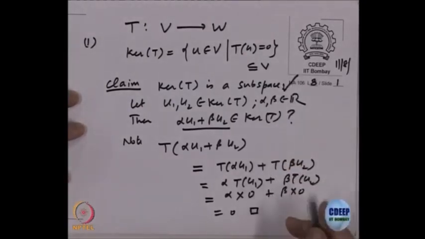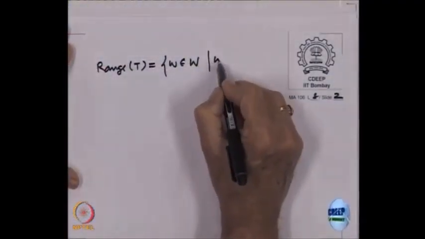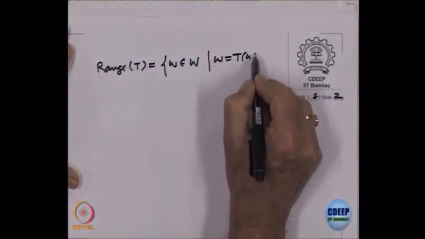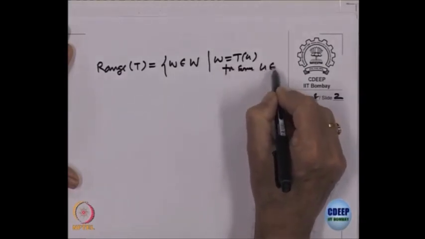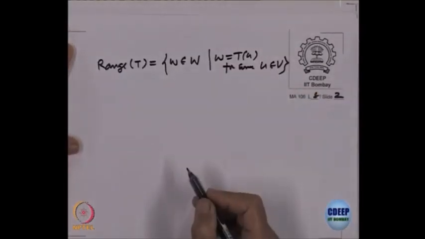Right. Let us look at the range, whether the range is a subspace or not. So, what is the range of T? These are all w belonging to W, in the image, such that w is equal to T of u for some u belonging to V. Is that okay?